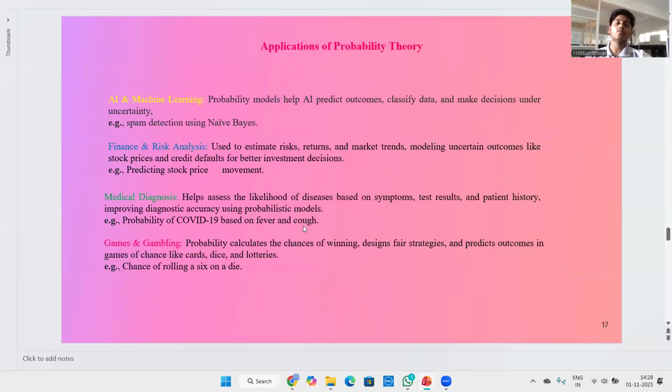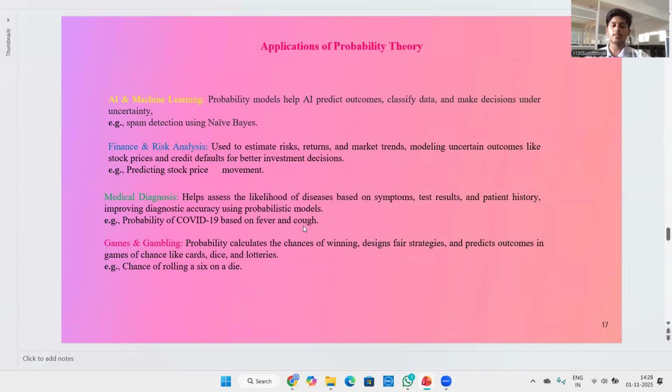Next, we see applications of probability theory. In AI and machine learning, probability models help AI predict outcomes, classify data, and make decisions under uncertainty. Example, spam detection using Naive Bayes, etc. Next, we see applications in finance and risk analysis.